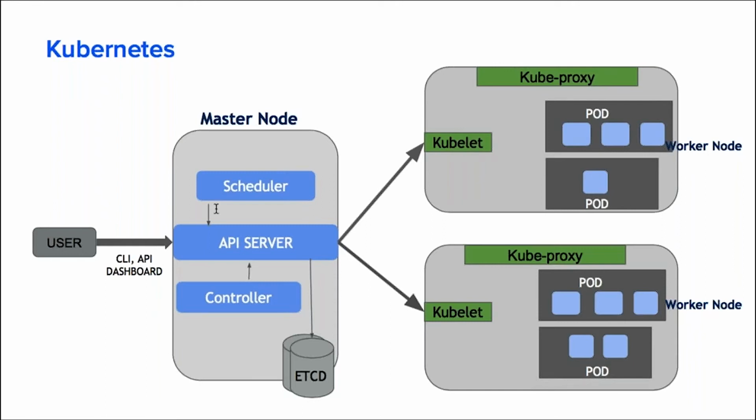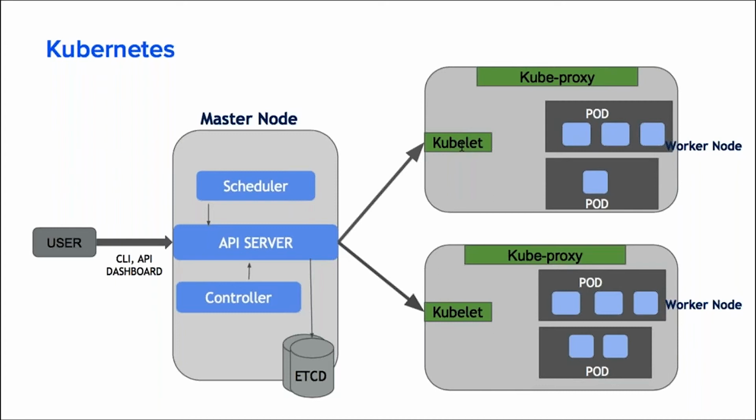Now the API server also talks to the worker nodes via the kubelet. On the worker node, we run different programs, for example, a kubelet, which is the main communication point between the API server and the node. Kubelet also manages the pods running on the node itself.